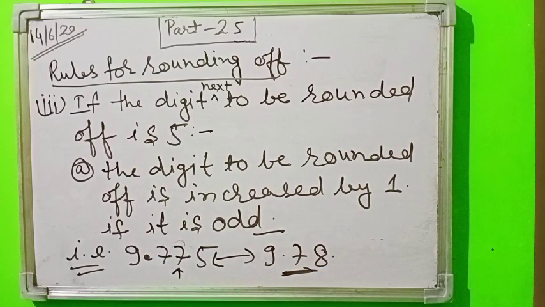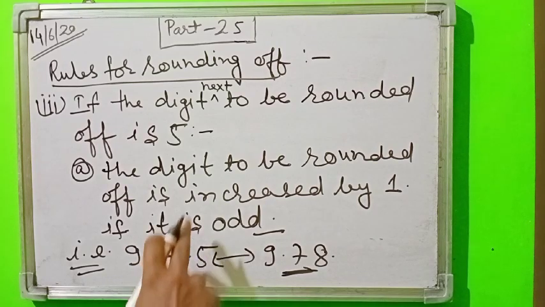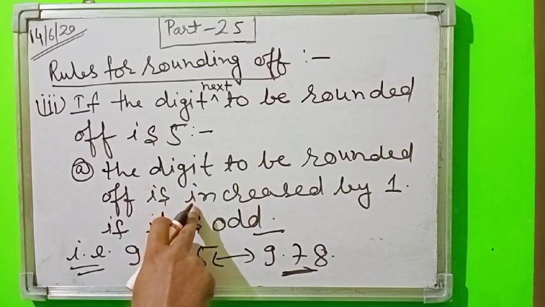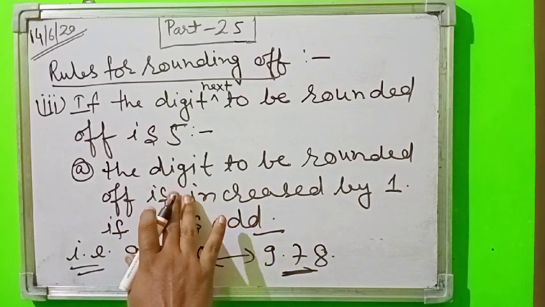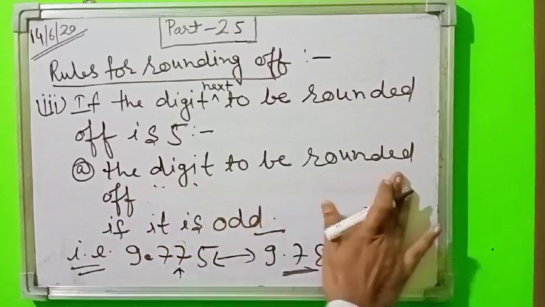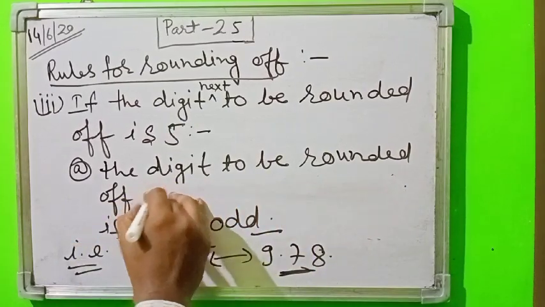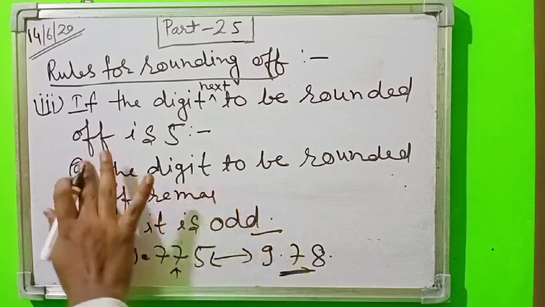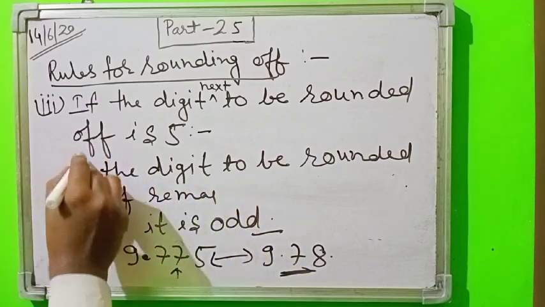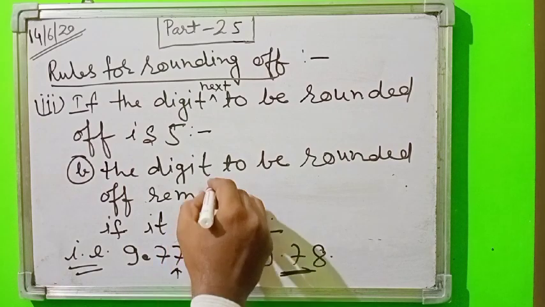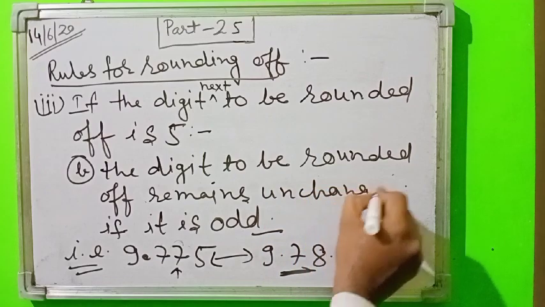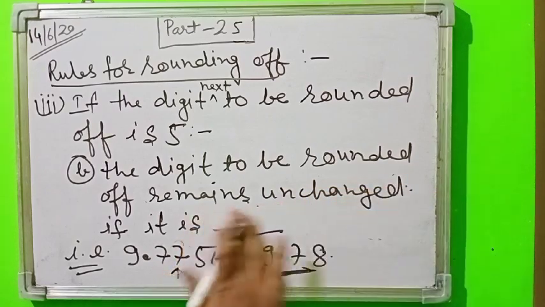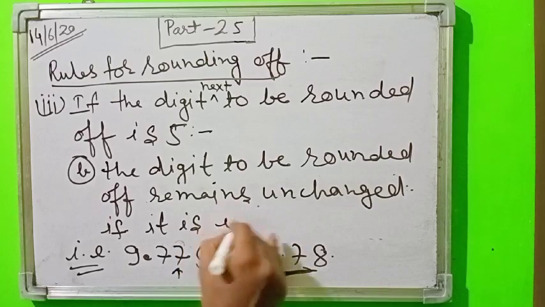1 is added to 7. This is the A part. The B part: the digit to be rounded off remains unchanged if it is even.